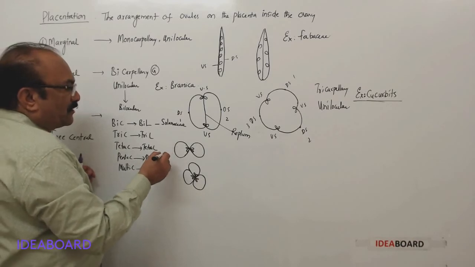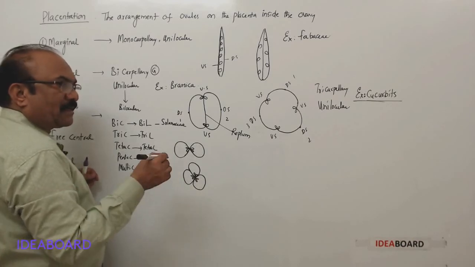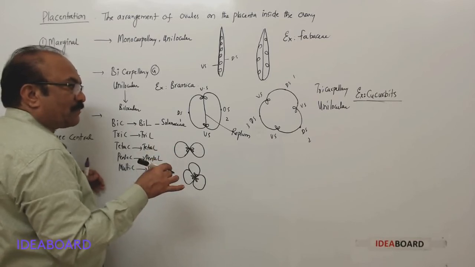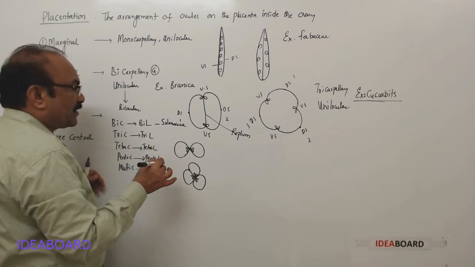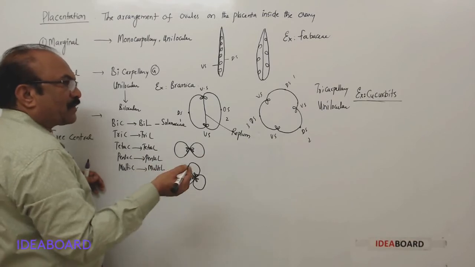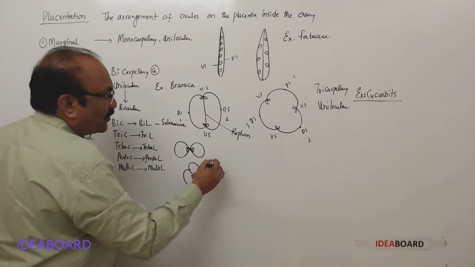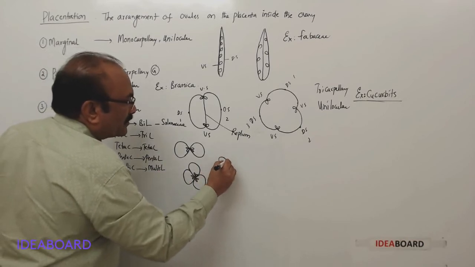Tetralocular, of course, Oenothera lamarckiana, but that will show another type, because initially it is axial placentation, but later becomes free central. That we will discuss in the next one. And pentalocular will be like this.